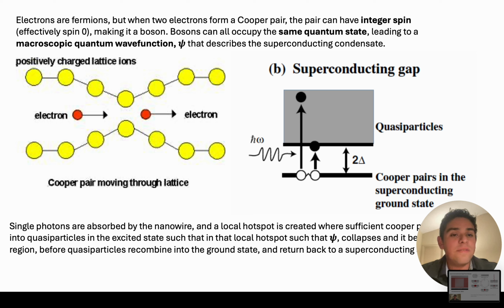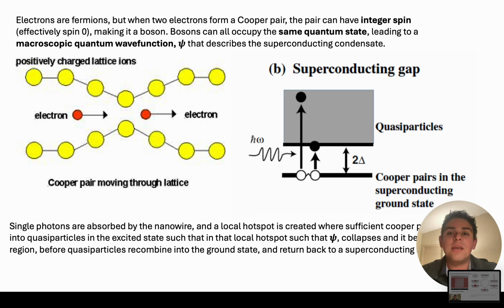And what I wrote above here is that electrons are fermions, which means that they are modeled by Fermi-Dirac statistics. They obey the Pauli exclusion principle, where no two fermions can exist in the exact same quantum state. But in this scenario, when they are in a Cooper pair, they effectively have zero spin as a group, making it something that follows Bose-Einstein statistics.